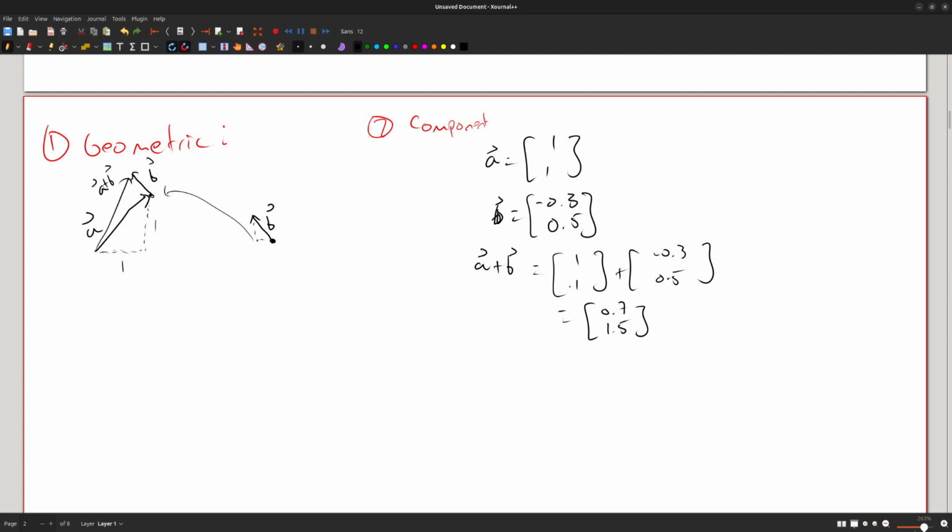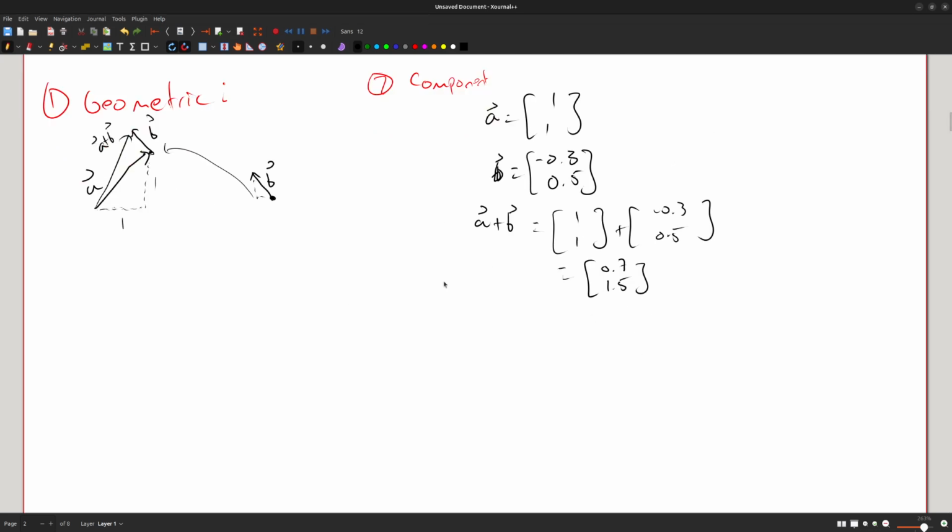So I'm going to give you the abstract definition, and it should be clear how it relates back to this definition here. And then we can prove some theorems in that abstract thing, and it'll apply to all possible vectors we can think of, not just these arrows, not just these component-wise vectors, but say functions can be thought of as vectors. Solutions to ODEs can be thought of as vectors. You can have all these crazy things. So let's talk about the abstract definition.